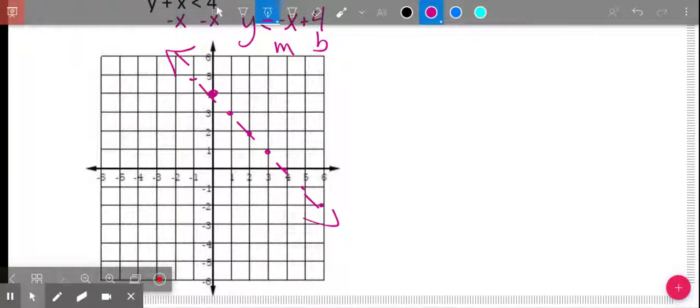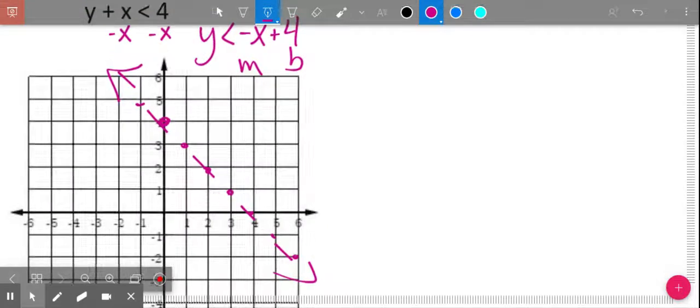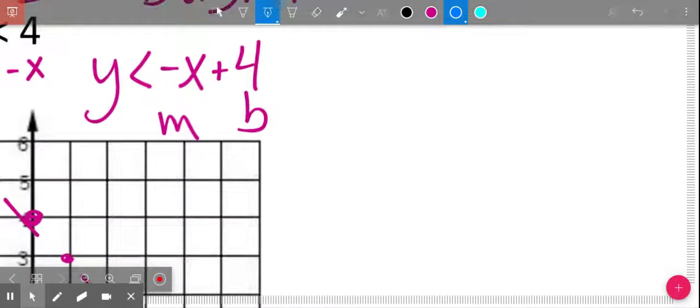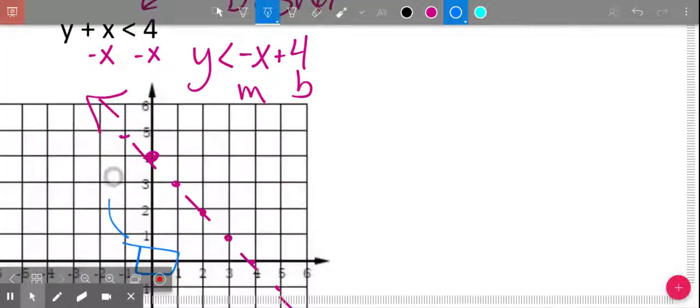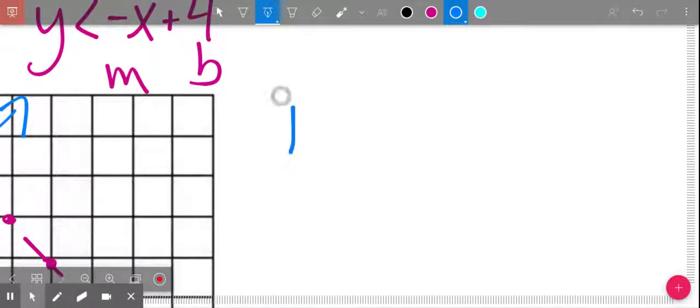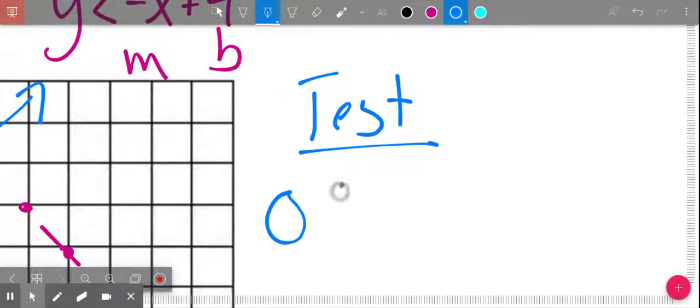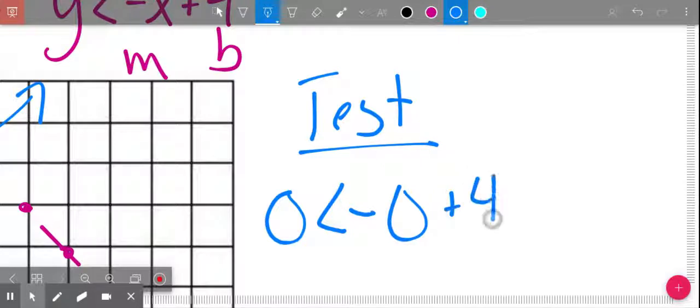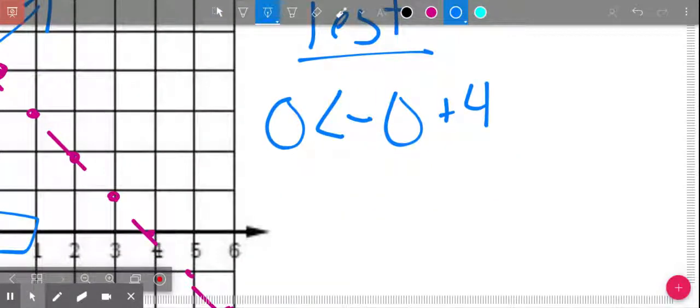Okay, so now we need to check our test point, or we need to shade. We need to check our test point, which is 0, 0. So we're going to plug that in. So this is our test. I'm going to have 0 is less than negative, instead of x, it becomes a 0, plus 4. I'm just going to simplify, and I'll have 0 is less than 0 plus 4 gives me 4.